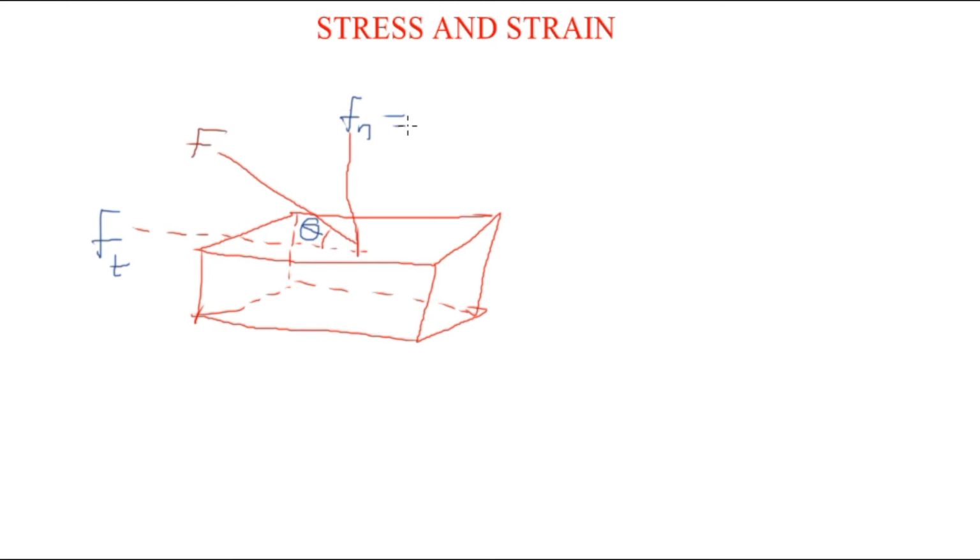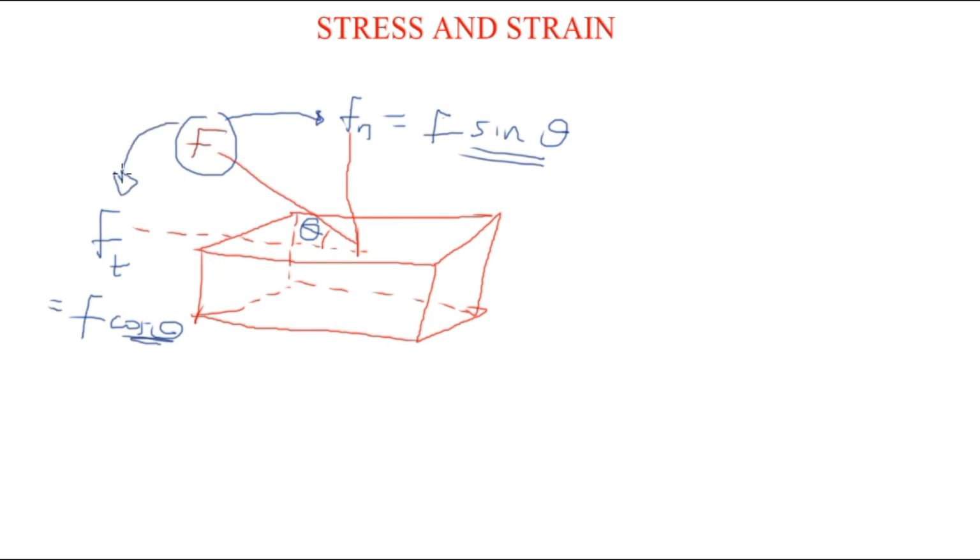Fn will be equal to F sine theta, while Ft will be equal to F cos theta. I got this sine theta by resolving F into this axis, and I got this cos theta by resolving F into this axis. This is under resolution of vectors.